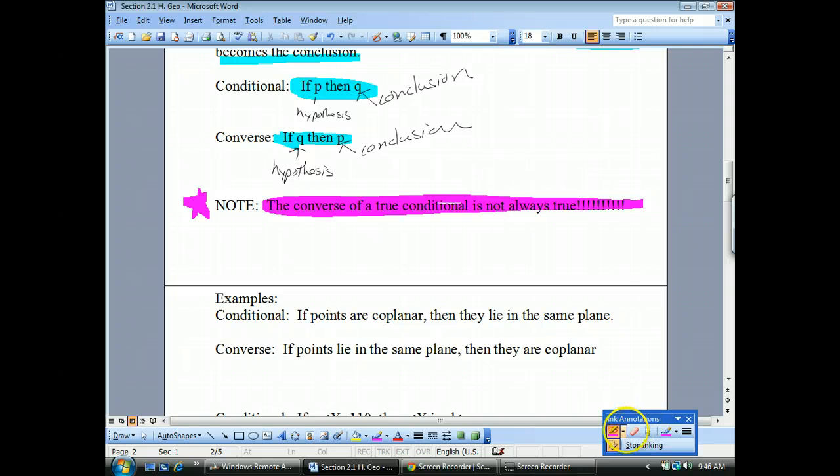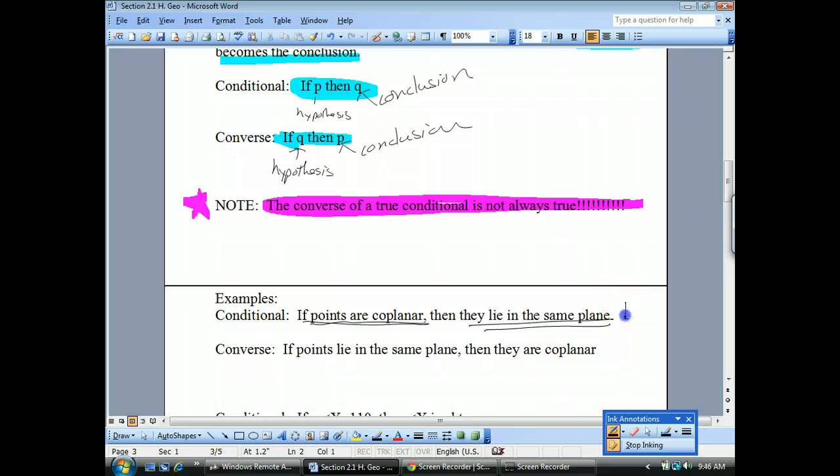So for instance, an example, my conditional is: if points are coplanar, then they lie in the same plane. So the hypothesis is points are coplanar. The conclusion is they lie in the same plane.